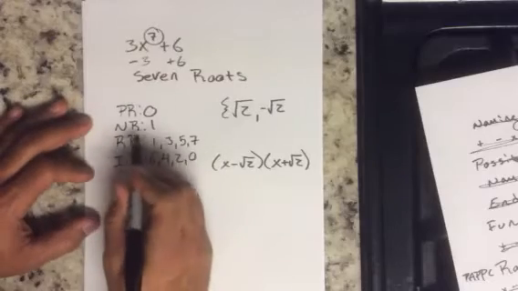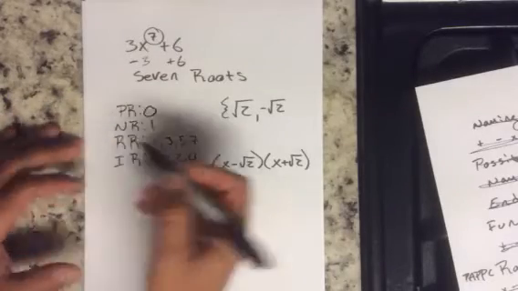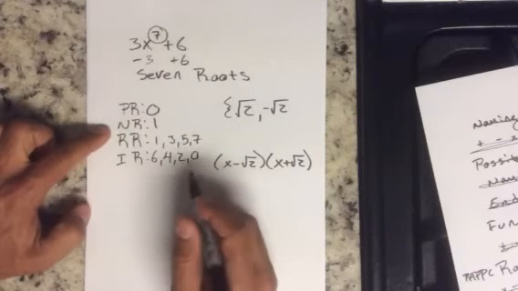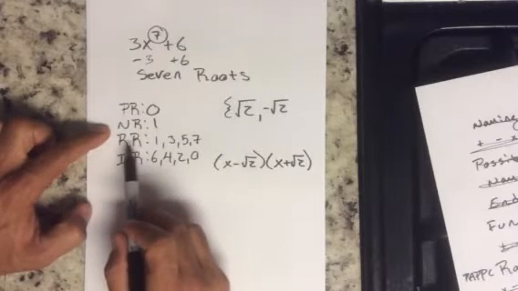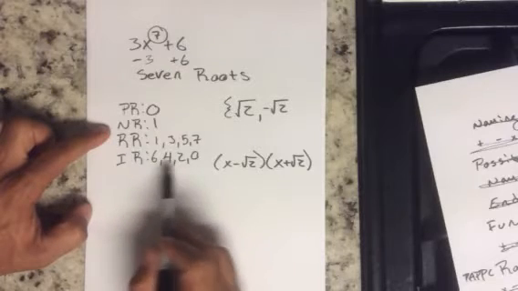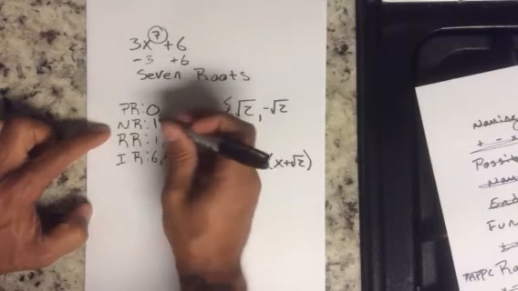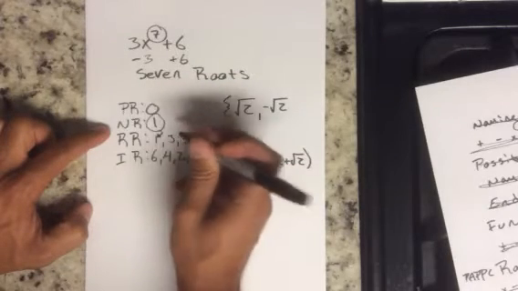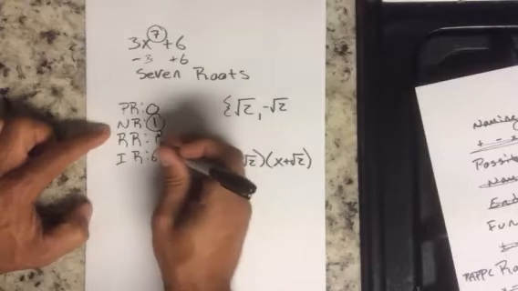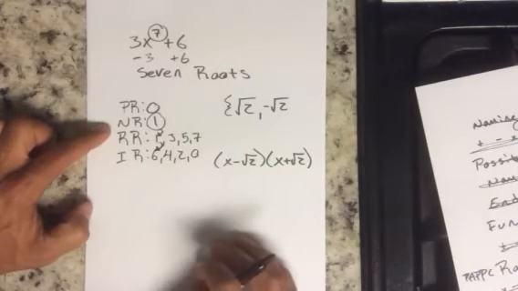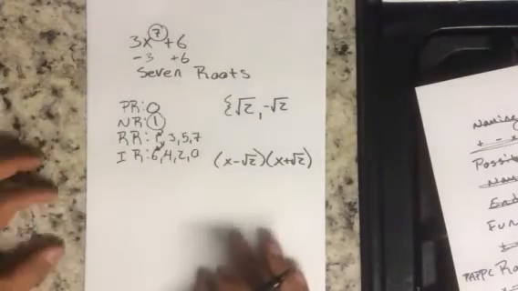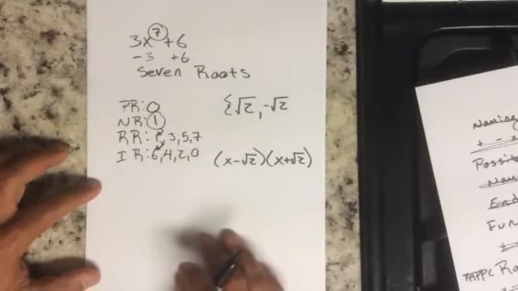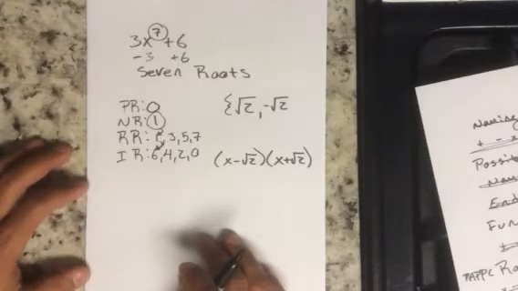So I know that I have to have one negative root, which means after I find that negative root, I know that the rest are going to be imaginary. Because I have one negative root, which is 1 real, I'm going to have 6 imaginaries, which is the square root of a negative value. So that's going to help me to figure out the factors when I'm trying to find what roots actually work.